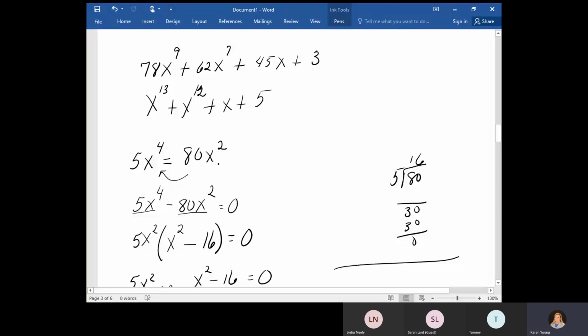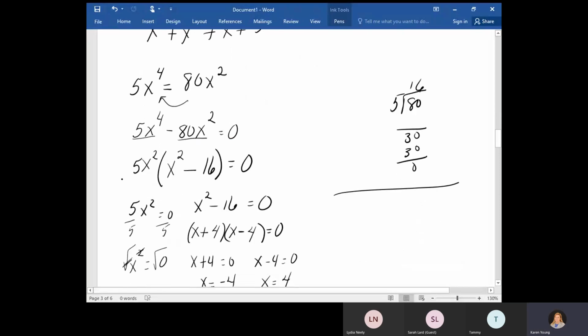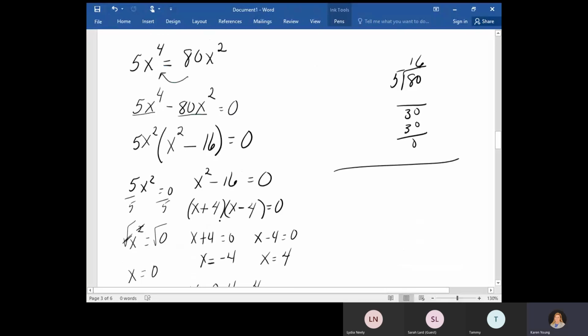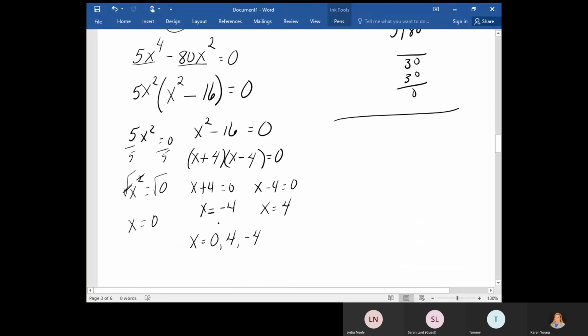Well, yeah, I guess you're right. A 0 would be a solution every time because I'm going to have a greatest common factor of an x squared or an x. So if you've got an x squared equals an x even, you'd still get a 0. That's true only if there's 2 terms though, right? One on one side and only 1 term on the other side. Right.